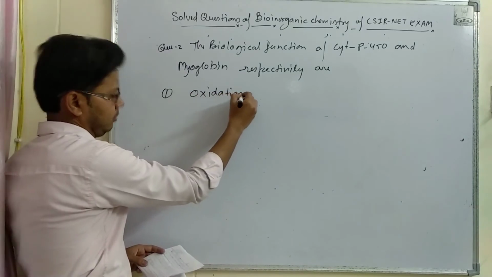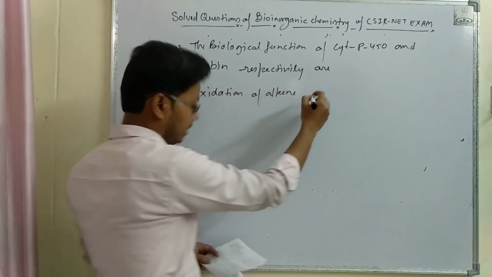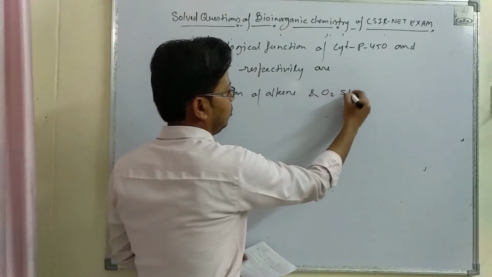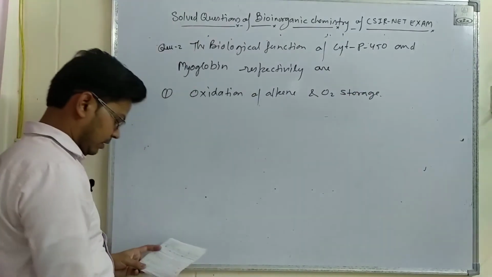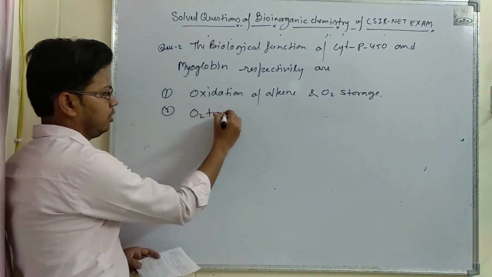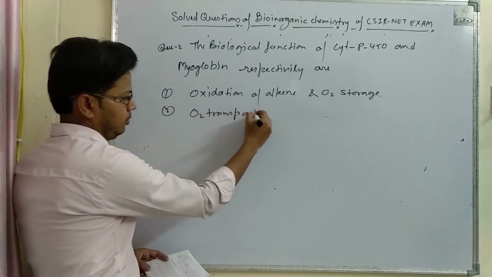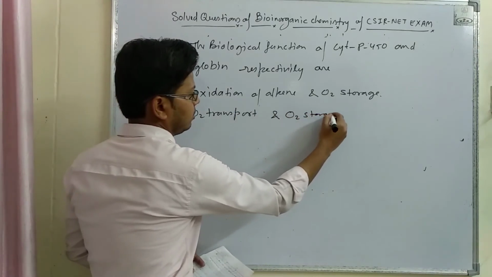The first option is the oxidation of alkene and O2 storage. The second option is O2 transport and O2 storage.